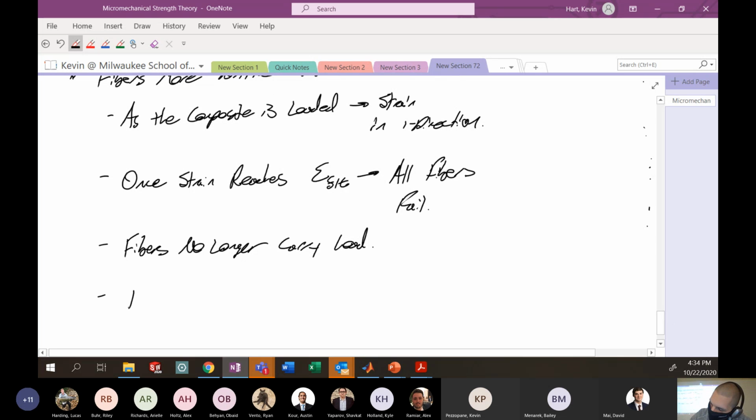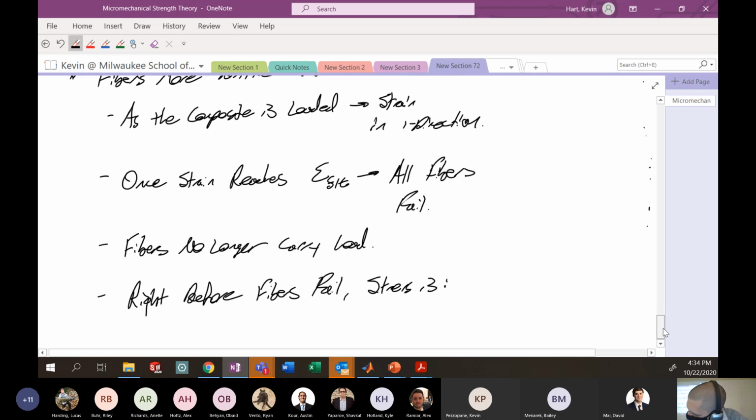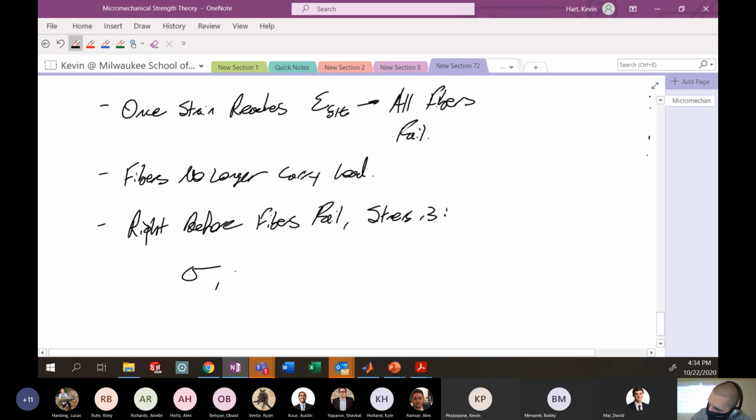Okay? So right before fibers fail, the stress is whatever stress, well, right before it fails, it's the failure strength of the fiber in the one direction in tension. It's right on the cusp of failing.